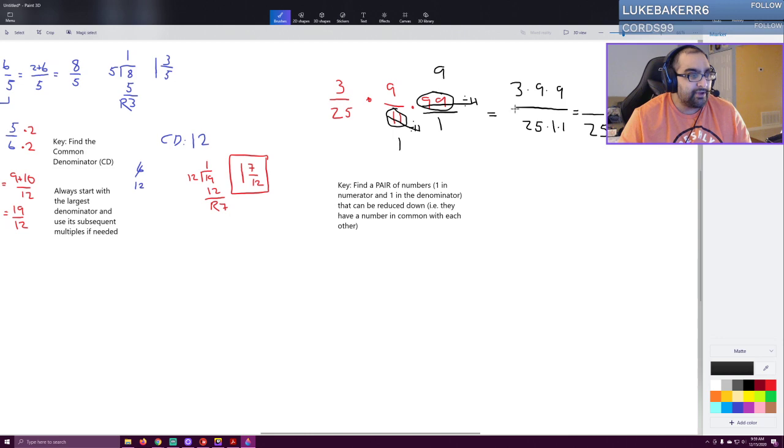So let's talk about 25 on the bottom, and up top we get 3 times 9 times 9. The easiest way to do this: 9 times 9 is 81, times 3 is 243. You could use a calculator for that if you like, but your answer here will be 243.